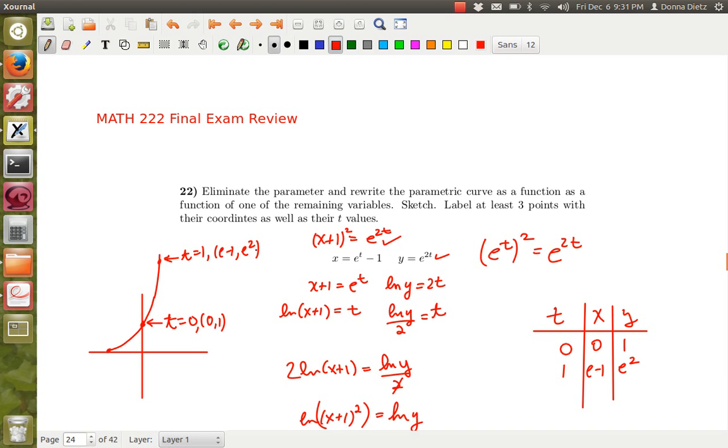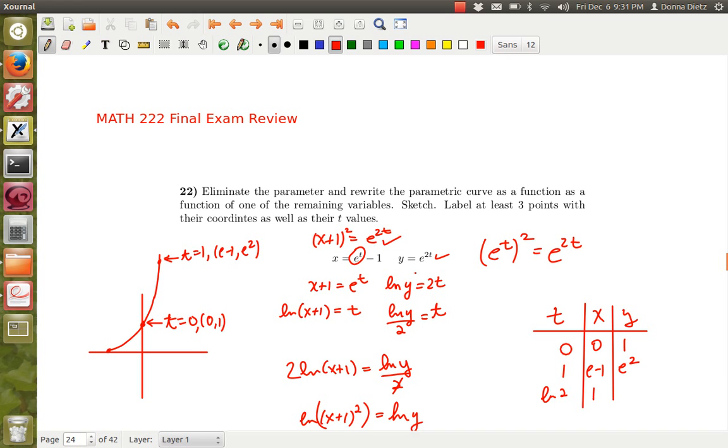But you think, well, now what about natural log of 2, for example? If t is natural log of 2, then we put it in here, and this turns into a 2. So 2 minus 1 is 1.